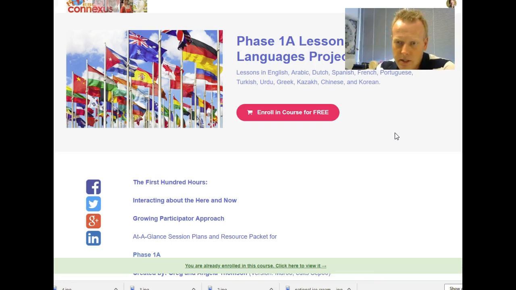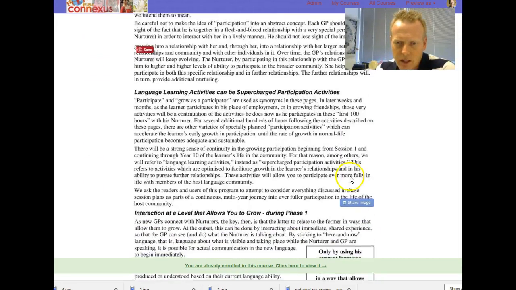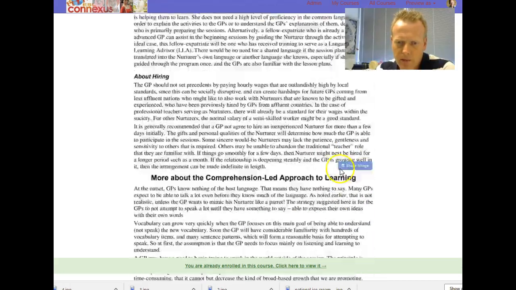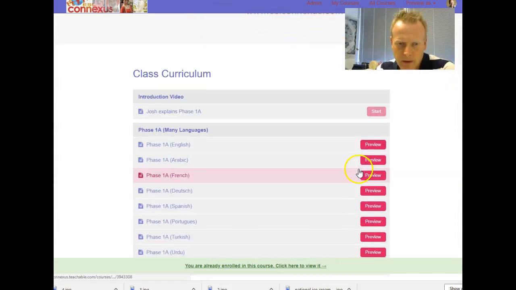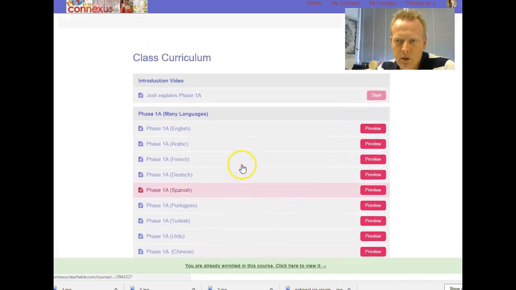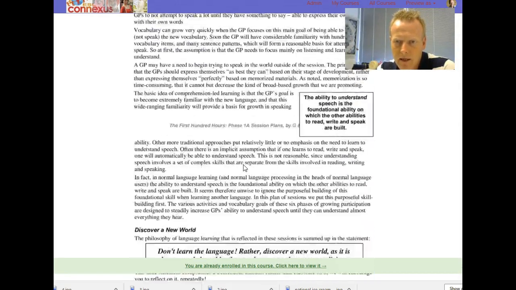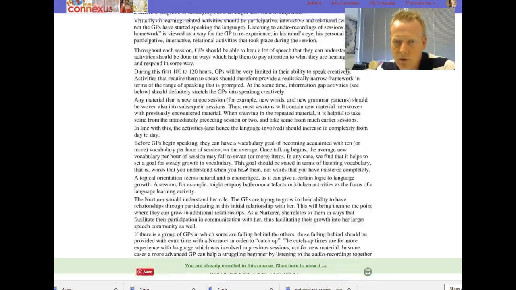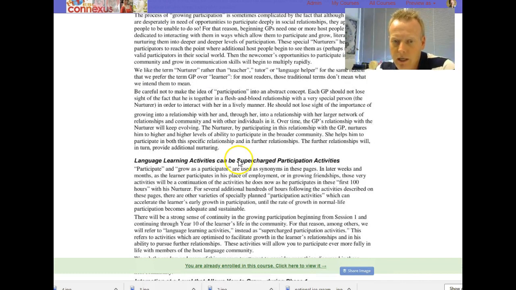The other good news is the growing participator approach has actually been written. I'm just going to scroll down here. The lessons have been translated into English, Arabic, French, Dutch, Spanish, Portuguese, Turkish, Urdu, Chinese. So you can go through these lessons with any one of those languages. Matter of fact, you can do it in any language.